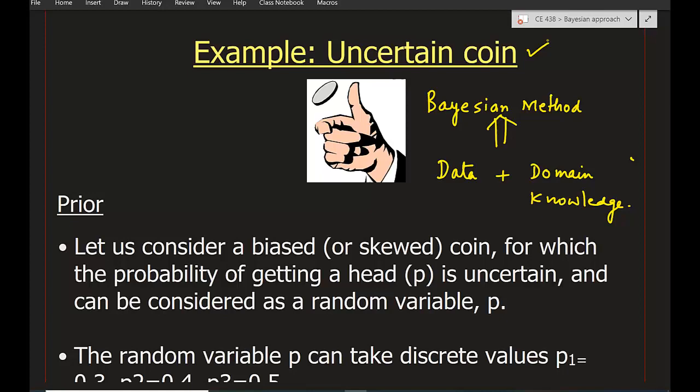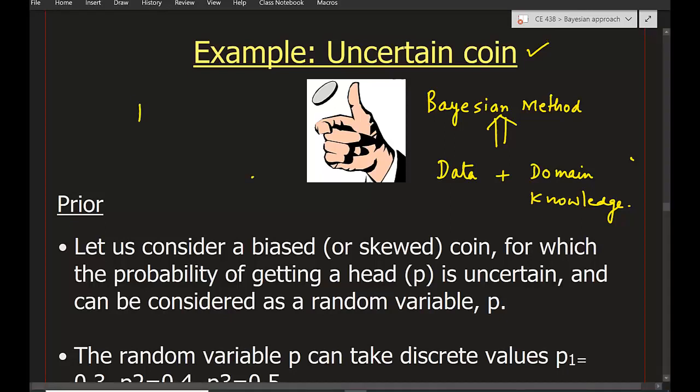That kind of coin is called a fair coin or unbiased coin. But if the probabilities of getting head and tail are not equal, that kind of coin is called a biased coin or unfair coin. So let's say we have a biased coin in this case.